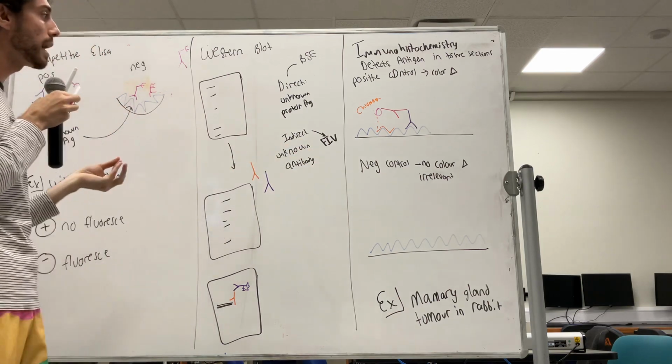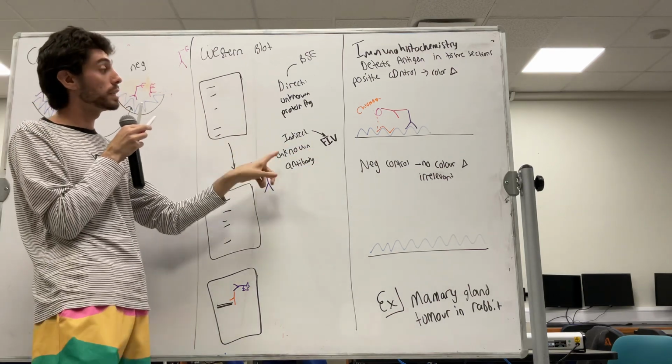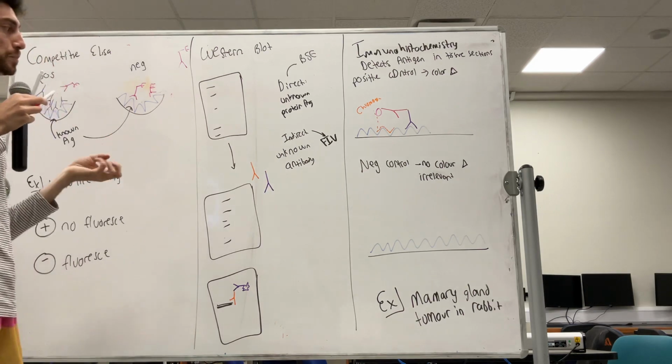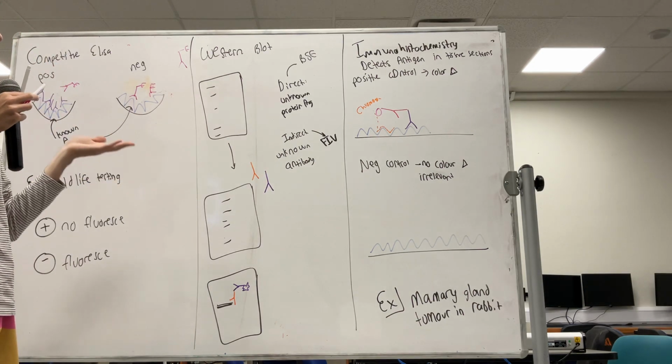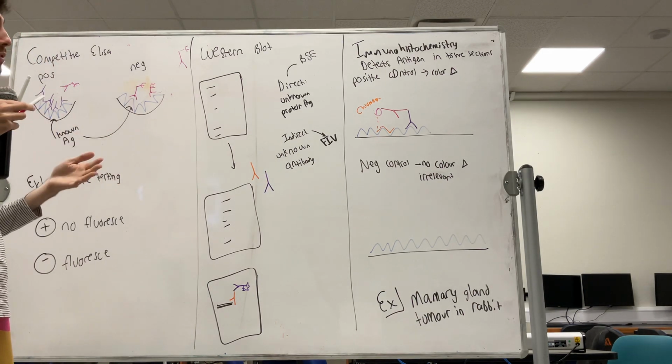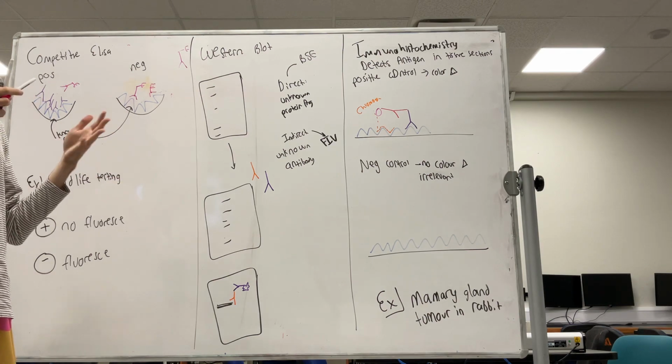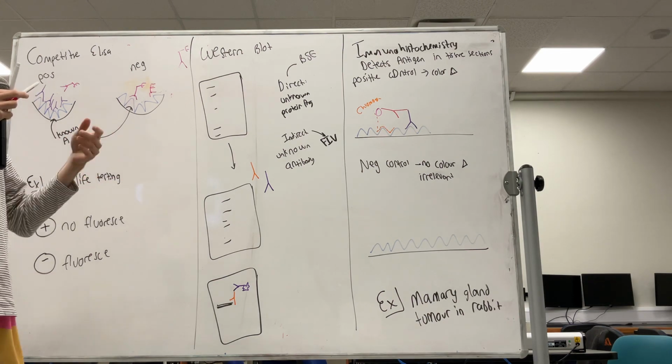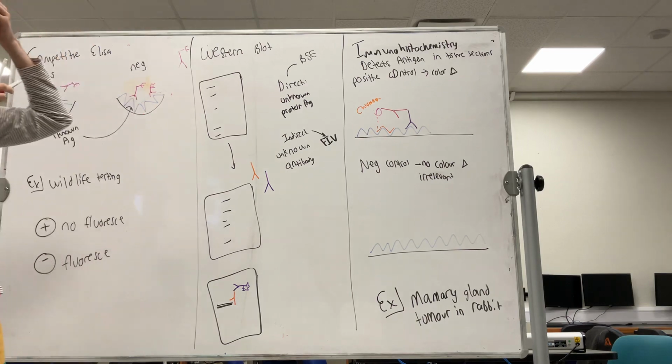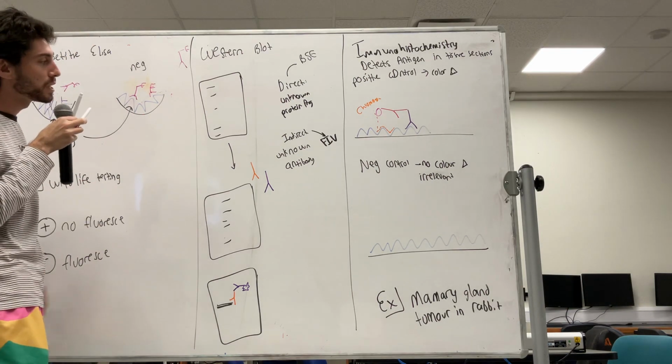The reason we know that this will be positive, if it is positive, is because it's indirect, and we know that FIV for cats, they have it for life. So if we see antibodies, we know that the cat is currently infected with it. They might not be showing symptoms, but we do know that they are actually positive for it.